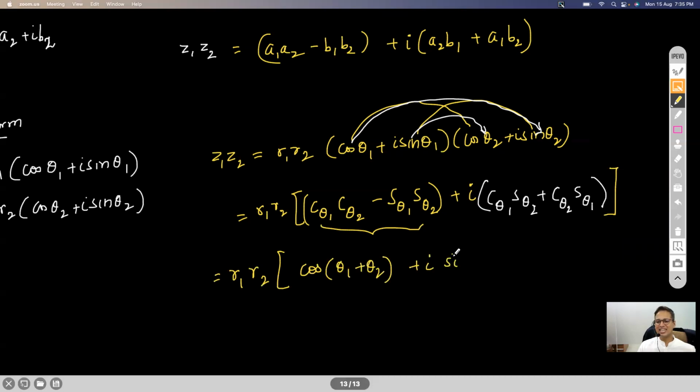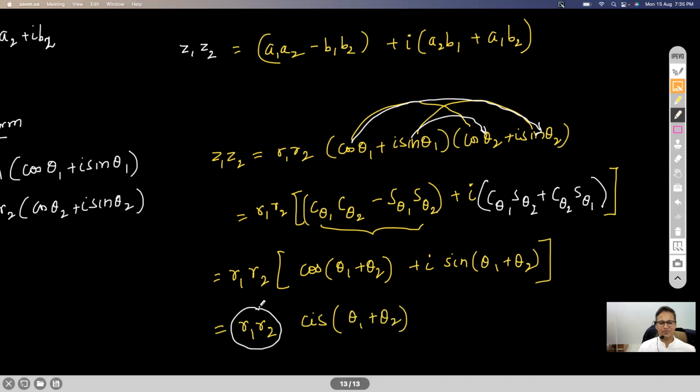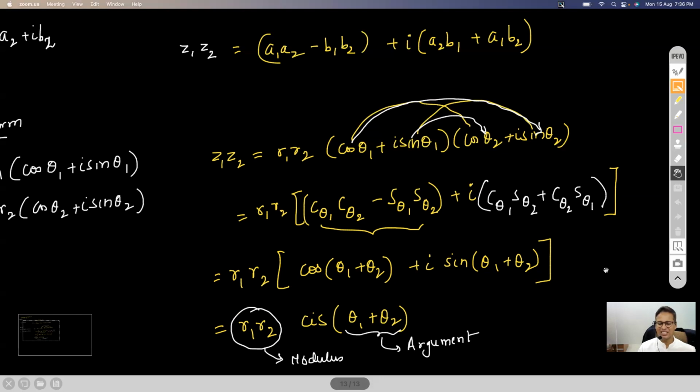You'll say sin of theta 1 plus theta 2. In short, you have got a complex number whose modulus is this, which becomes the modulus of the product, and whose argument is this.